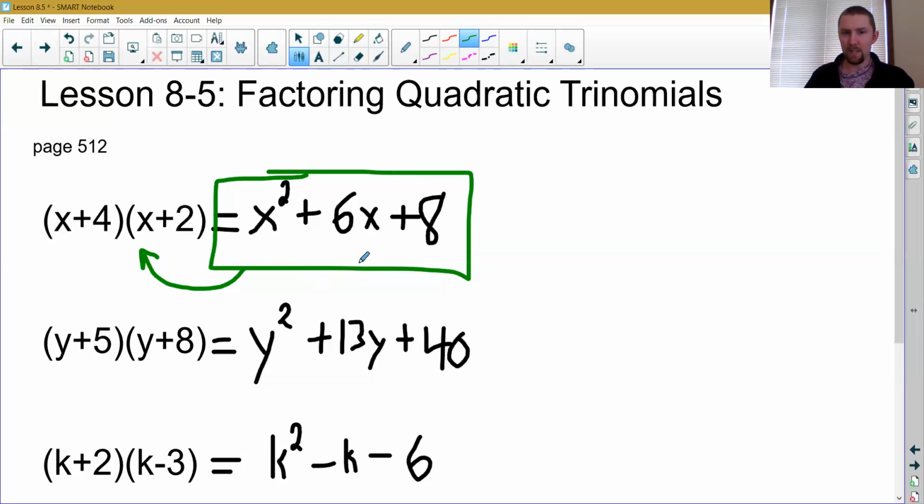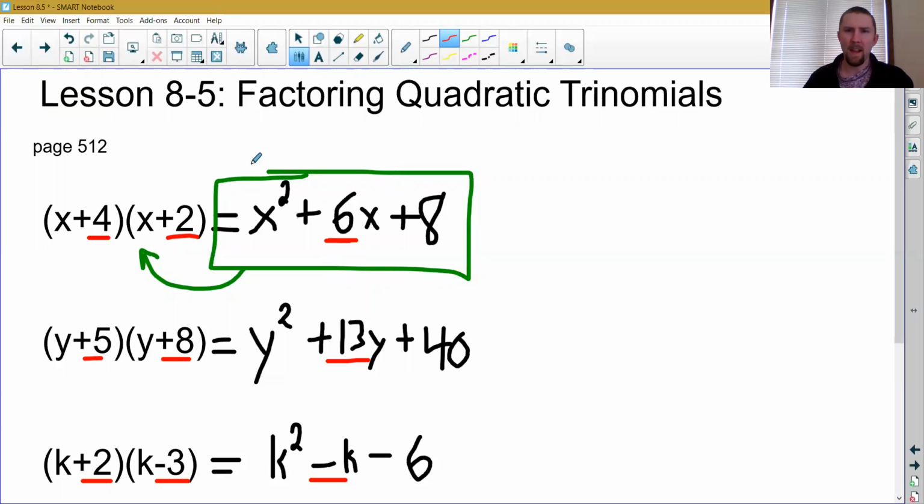Every time we did a double distributive property or a FOIL method and got a quadratic trinomial like this one, the middlemost number in my trinomial that's attached to the x is really this number plus that number. 4 plus 2 is 6. 5 plus 8 makes 13, and a positive 2 plus a negative 3 makes a negative 1, negative 1k in that last one. So the middle number is these two numbers added together.